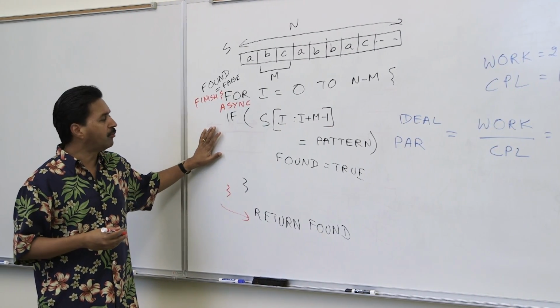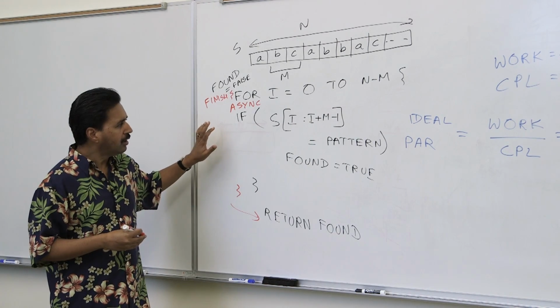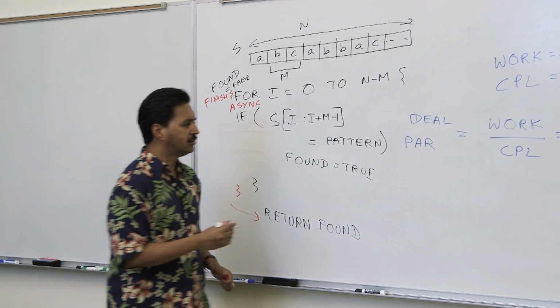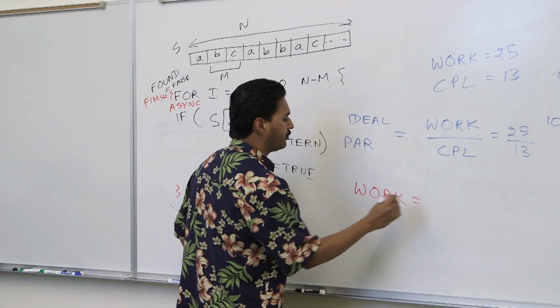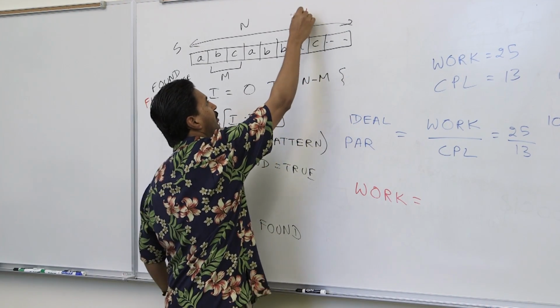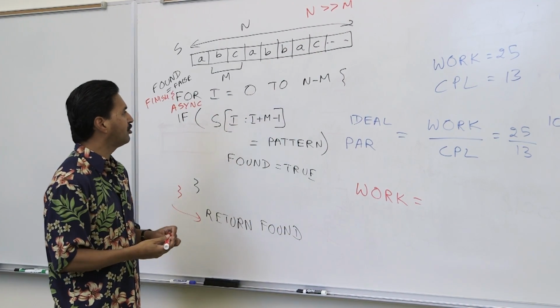Now let's reason about the ideal parallelism in this algorithm. The total amount of work for this algorithm is, and let's assume that n is much larger than m, so I'll do some approximations in the estimation.